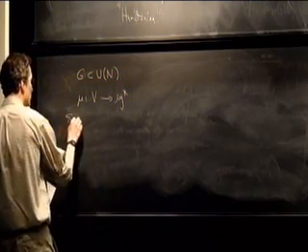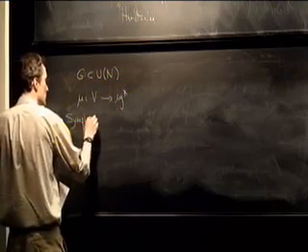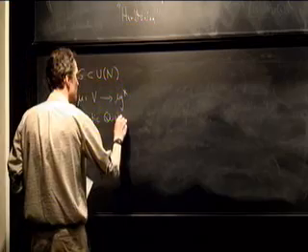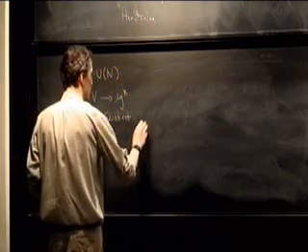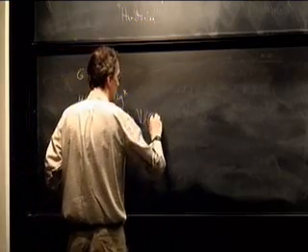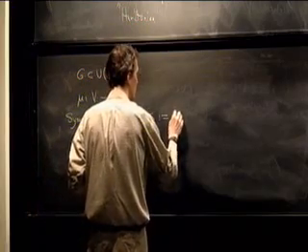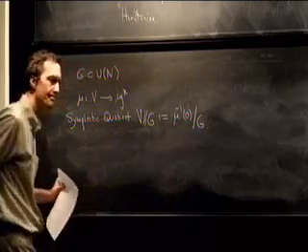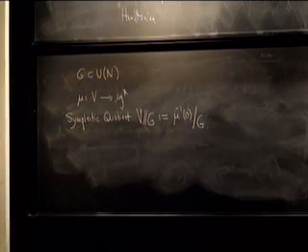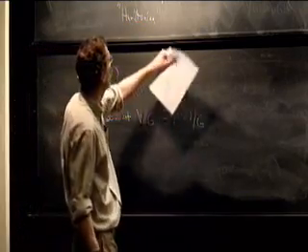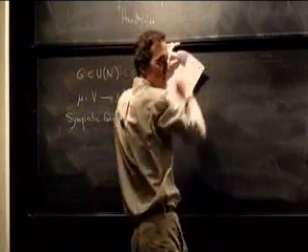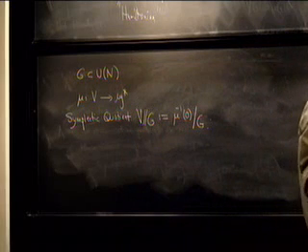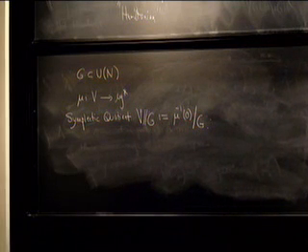So then the symplectic quotient of V by G is by definition mu inverse of 0 divided by G. Okay? So we take the solutions of this thing equals 0, and then that's G invariant, and then we divide that space by G.